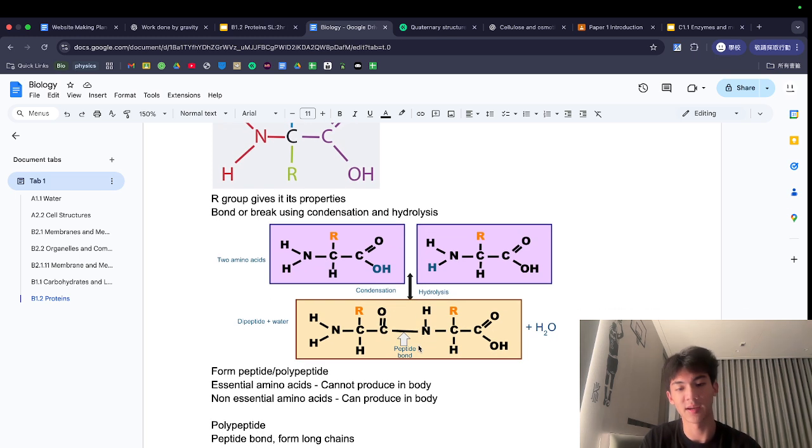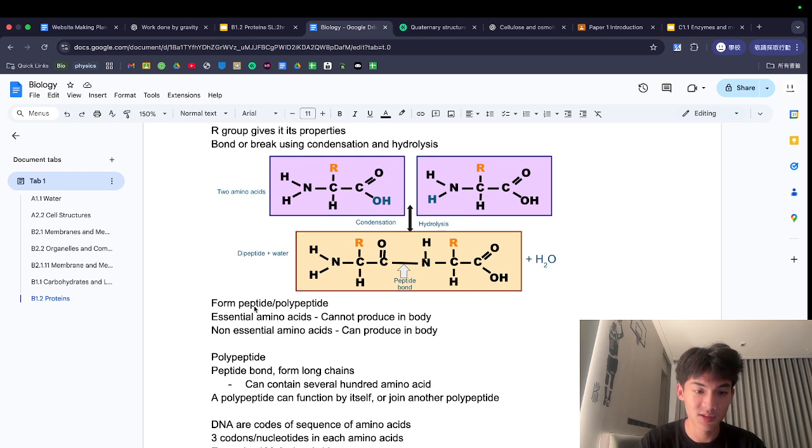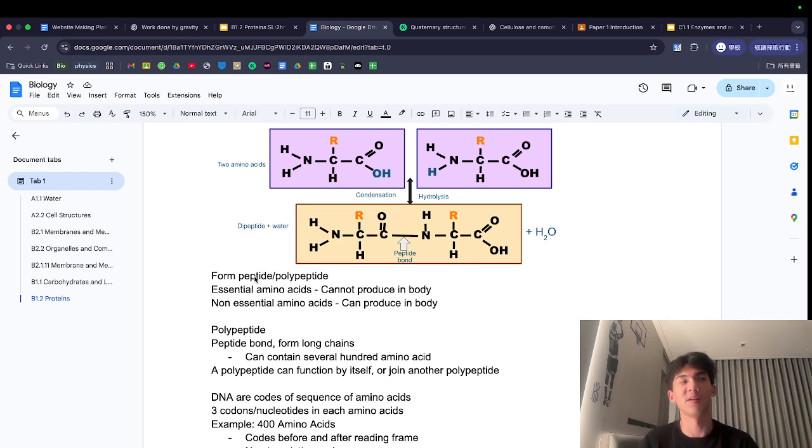To break down, hydrolysis happens, where water is used, and it makes it like this. If a lot of amino acids bond to each other, they form peptides. This is also called a peptide bond. And if there are a lot of amino acids, then we call it a polypeptide.